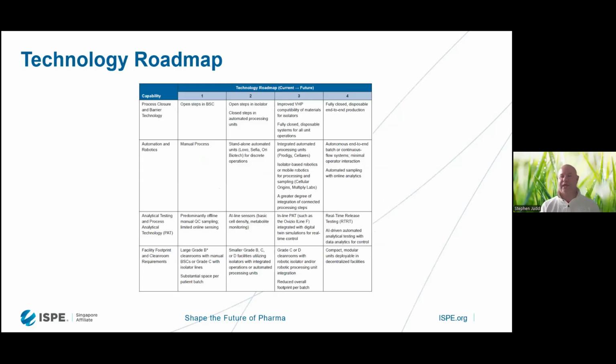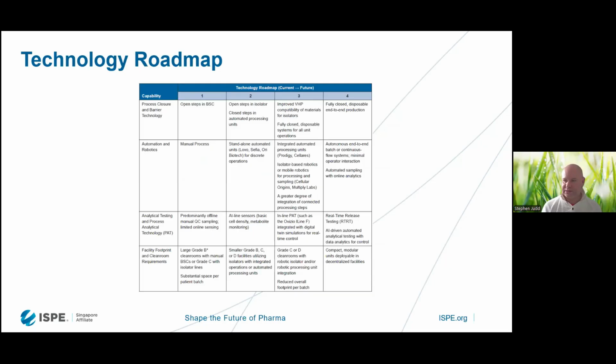And so the last slide that I have is just on the technology roadmap. This gives an overview of all the different things that I've talked about with respect to how the industry started and where the industry is going. We started at stage 1 there, which is the very open and segregated manufacturing approach.